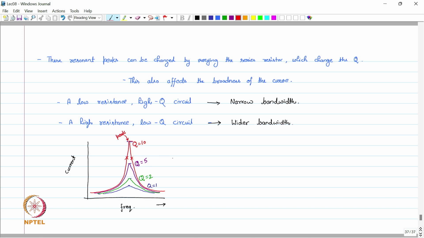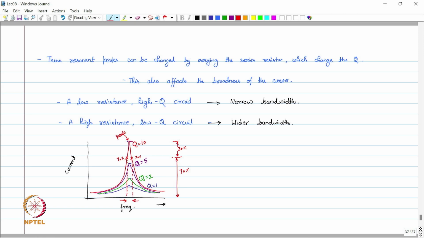For example, if this is 100%, this is 70%. If we assume this is a total of 100% up to here, so when the peak value decreases to 70% of its peak value, this difference in the frequency is the bandwidth of the circuit.